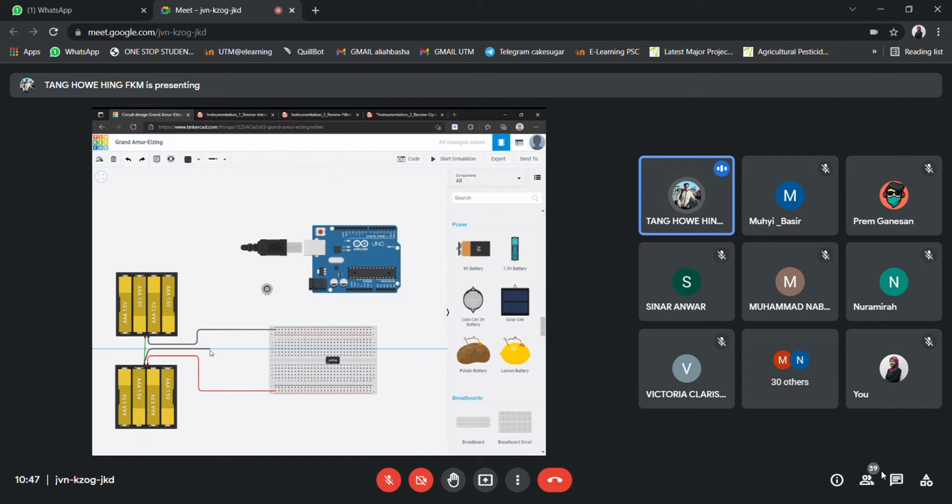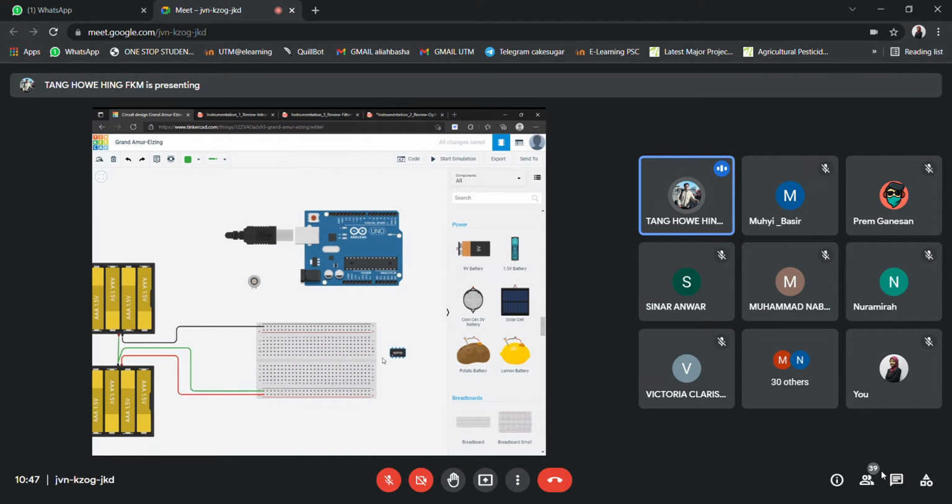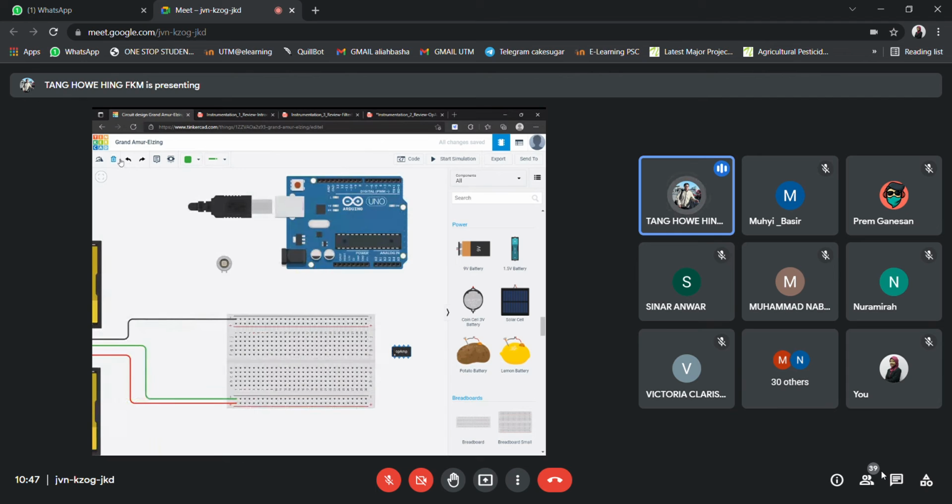Okay, so this is the ground. For the ground, let's make it green color. And this op-amp, I think I need to swap it so that it is easier for the connections.